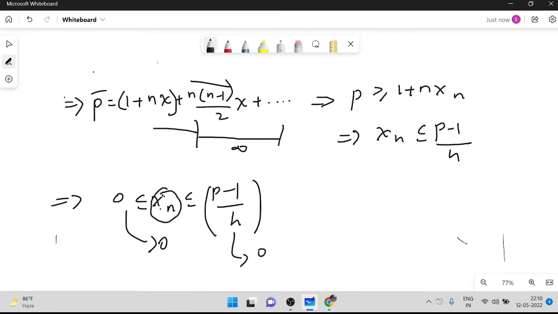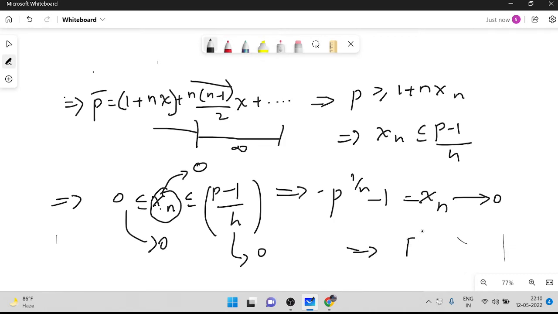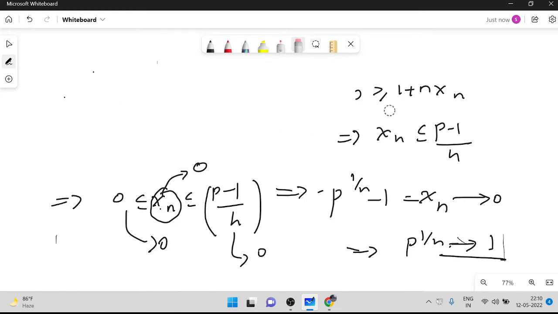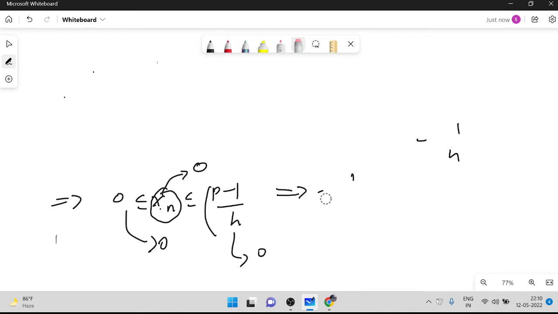Hence, by the Sandwich theorem, xn goes to 0. This implies p power 1 by n minus 1, which we defined as xn, also goes to 0. This implies p power 1 by n goes to 1.